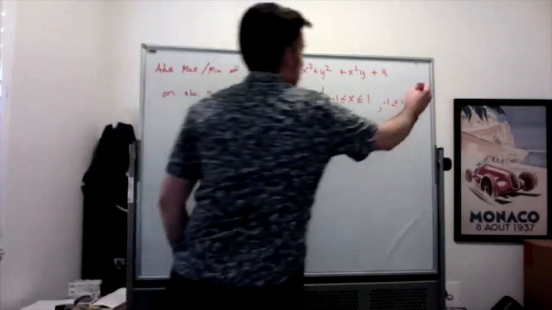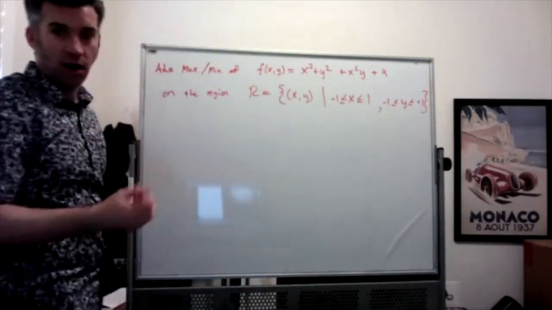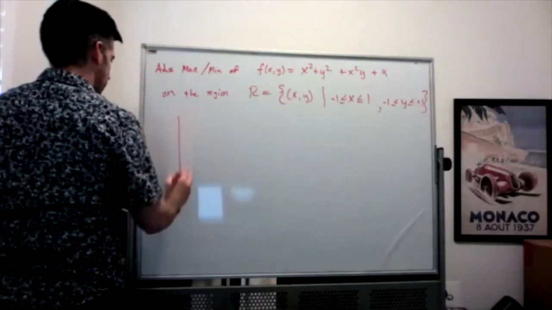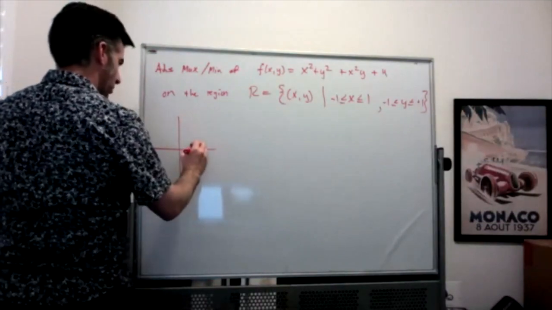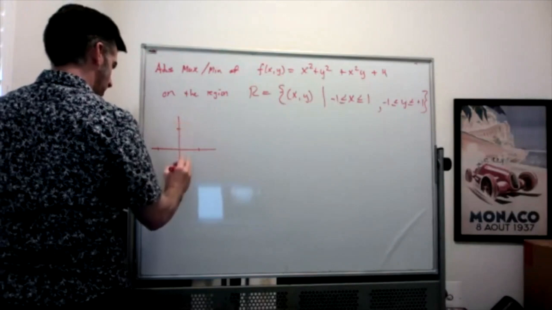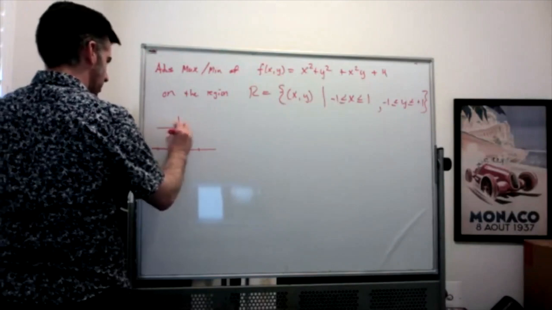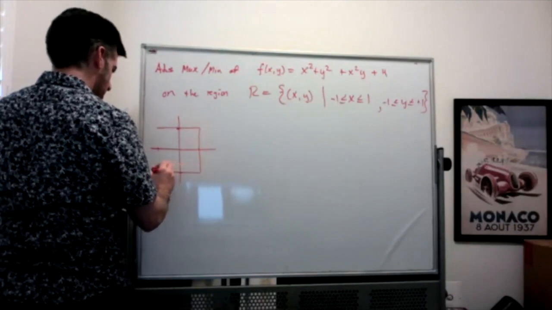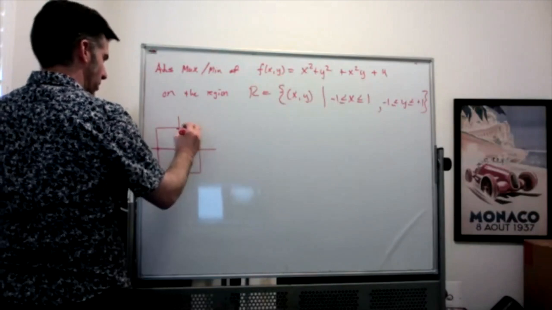So basically a square of side length 2. So I'm looking at this entire region.